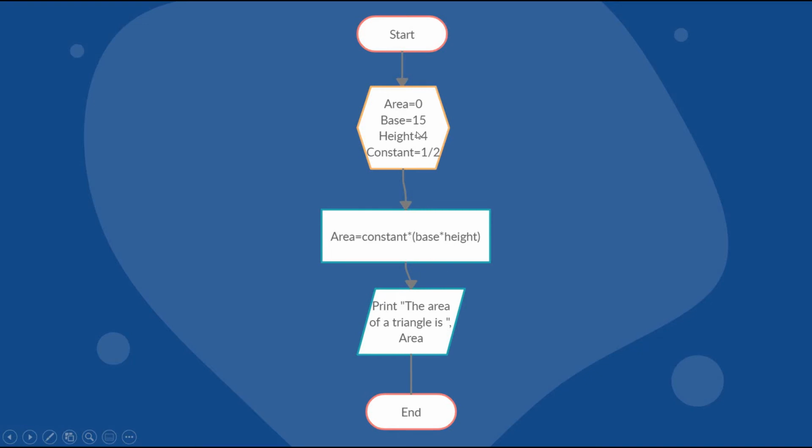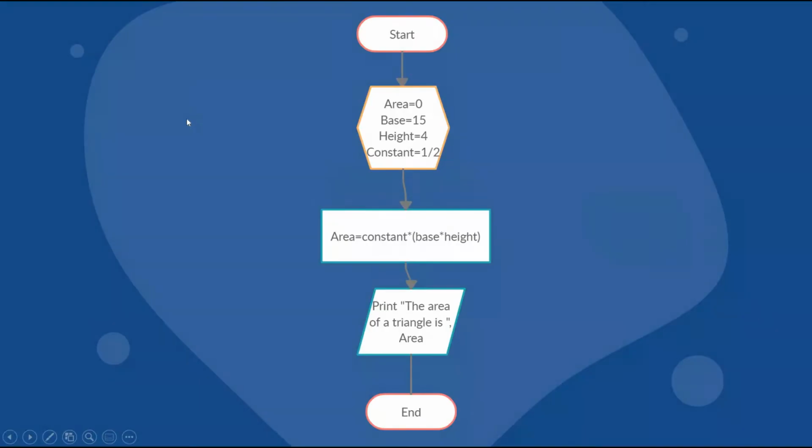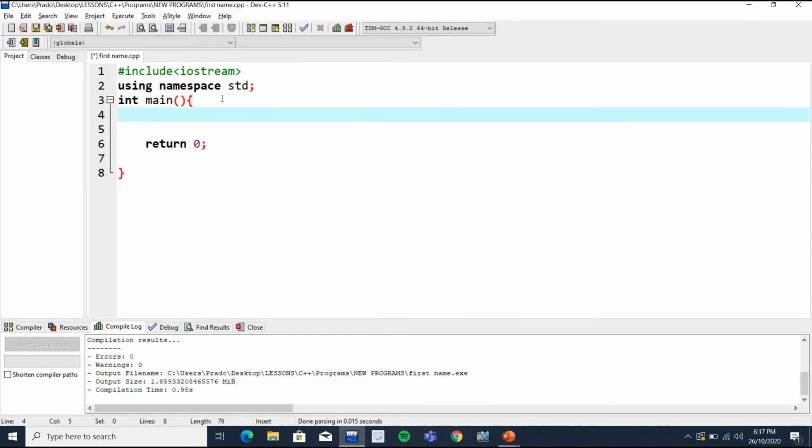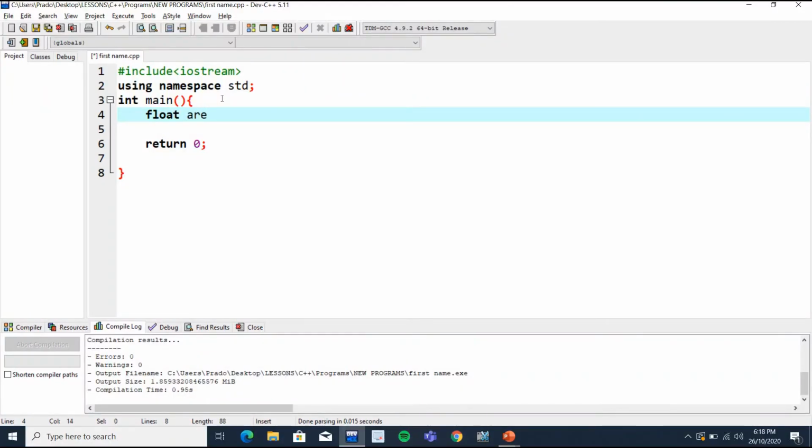Ayan. So, first one, we will set the variable area, base, height, and constant. So, ang gagamitin po natin dito is int. Ang gagamitin na lang natin dito is float kasi meron ditong 1/2. So, float po, and then area is equals to 0.